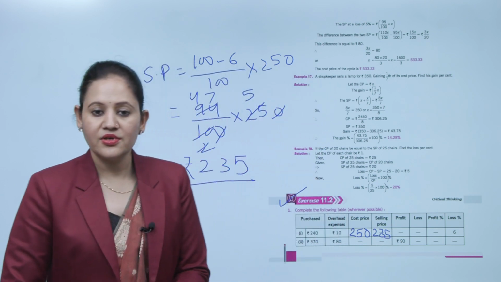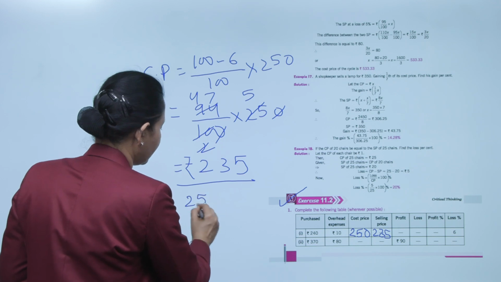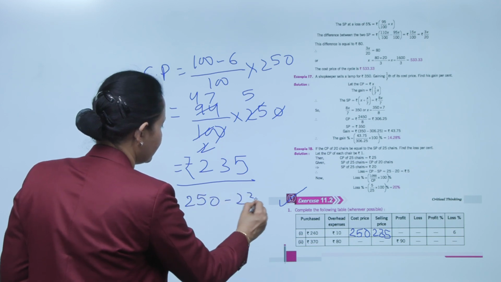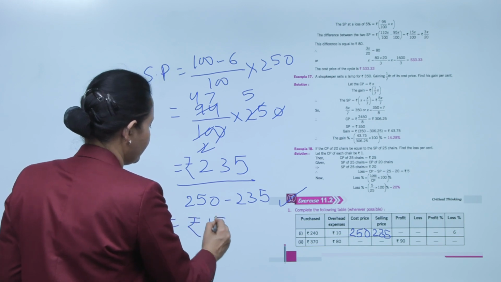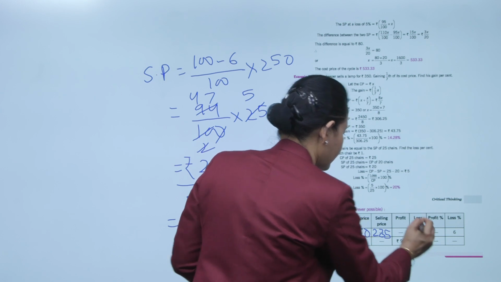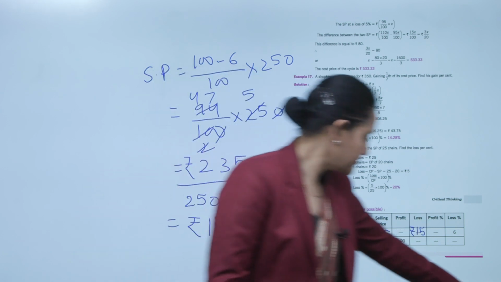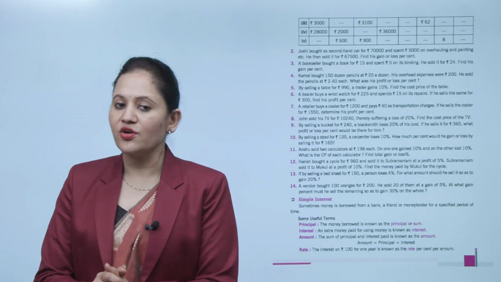Clear? So loss is 250 minus 235, that is equal to rupees 15. Clear? So practice all the questions of this exercise.